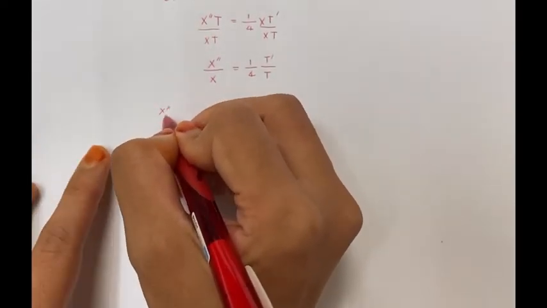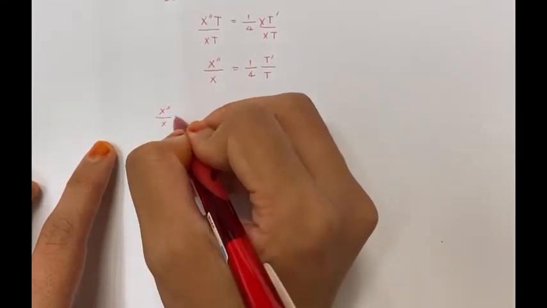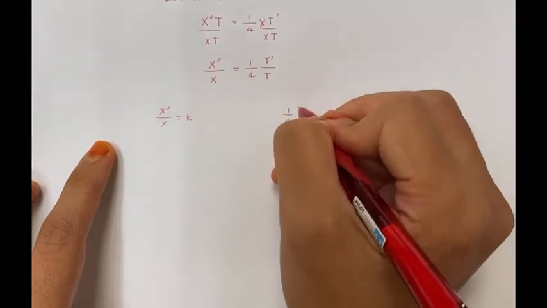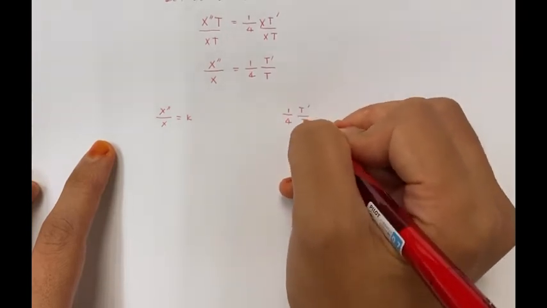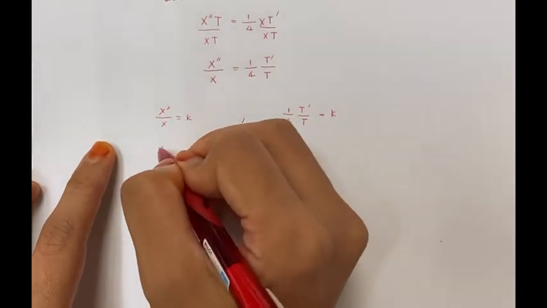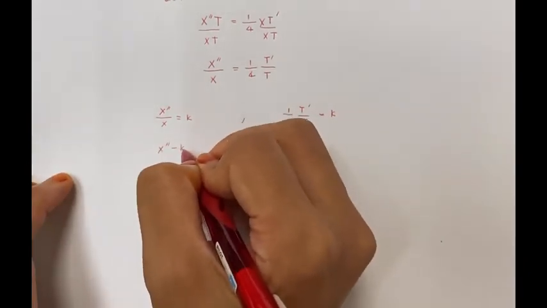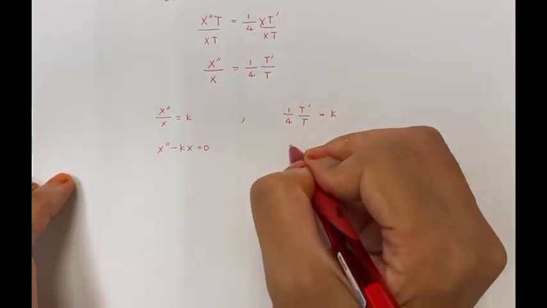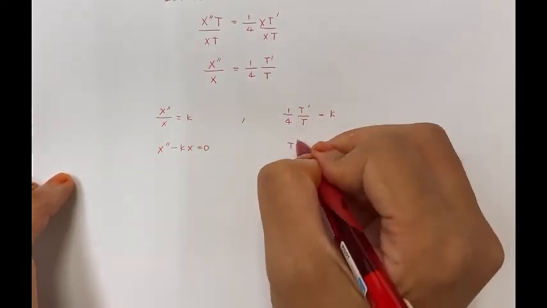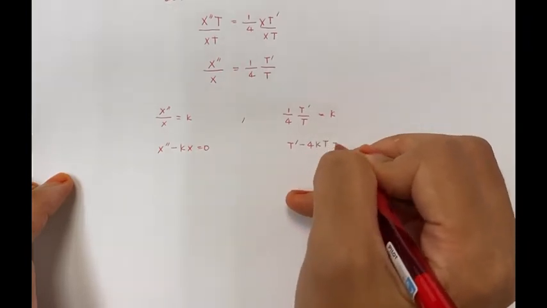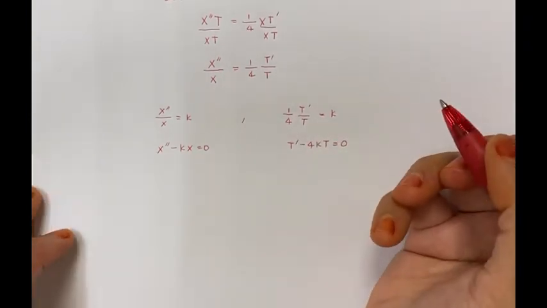X double prime over X equal to k and 1 over 4 T prime divided by T equal to k. So from here you have X double prime minus kX equal to 0, the first ODE, and T prime minus 4kT equal to 0, your second ODE.